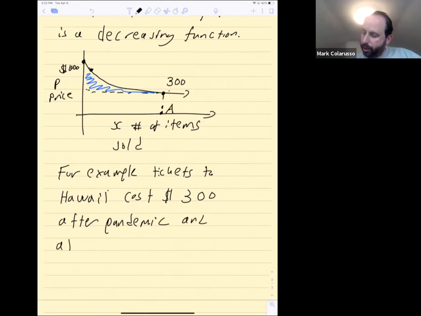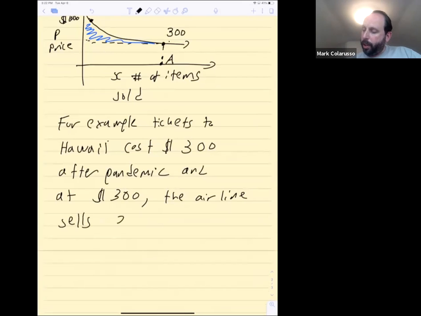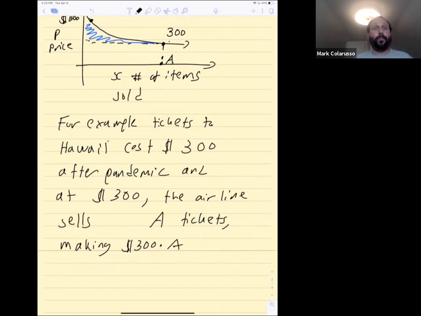At $300, the airline sells A tickets, making 300 times A dollars. Okay?